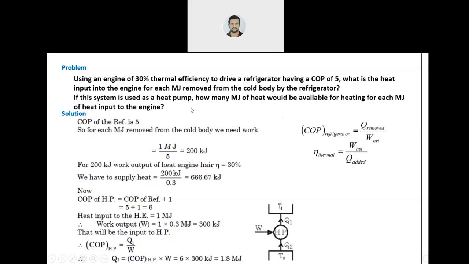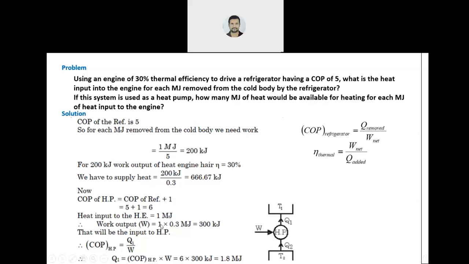In the second case, refrigerator is replaced by heat pump. So again for this case also you have to find the heat input. Now here, how to find heat input? It is given that this amount of heat, 1 megajoule, is removed, and now what is work output in terms of efficiency?